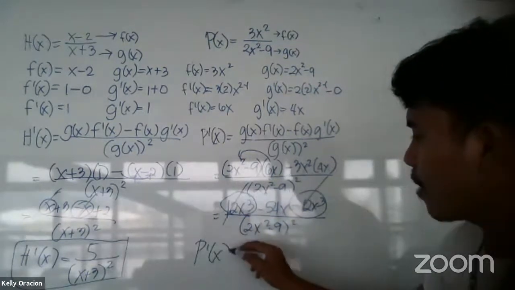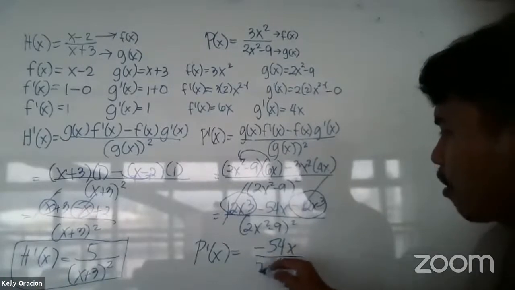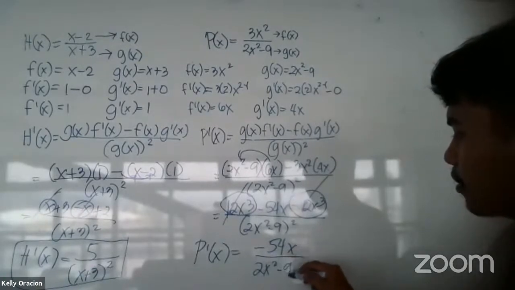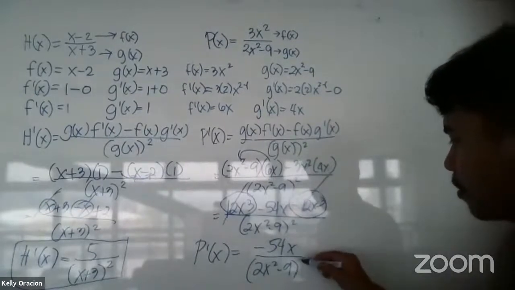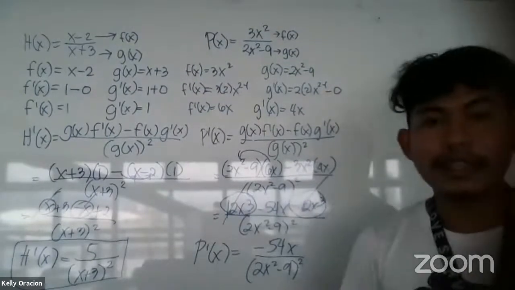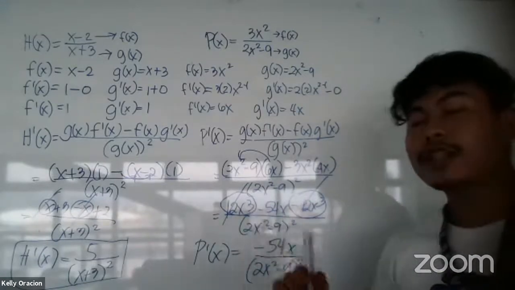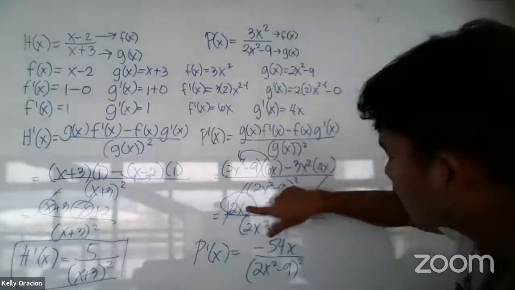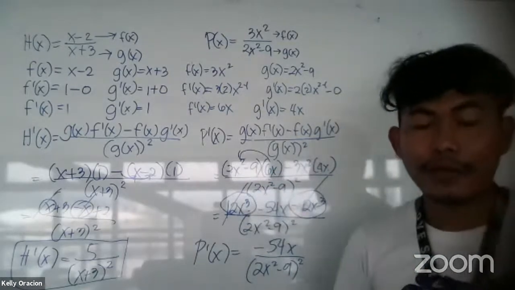So h prime x is equal to negative 54x over 2x squared minus 9 squared. And that is your answer. Okay? 12x cubed minus 12x cubed is 0. And this is now your answer.